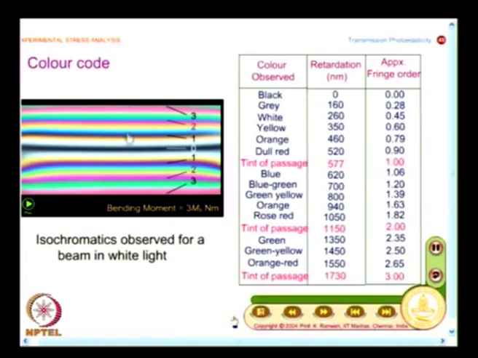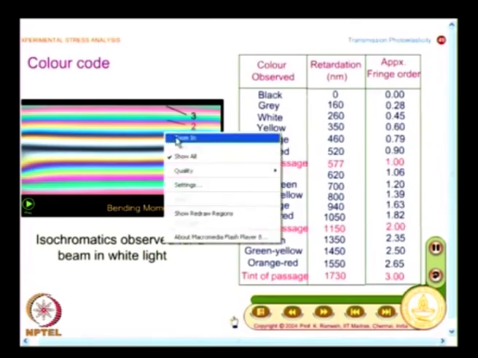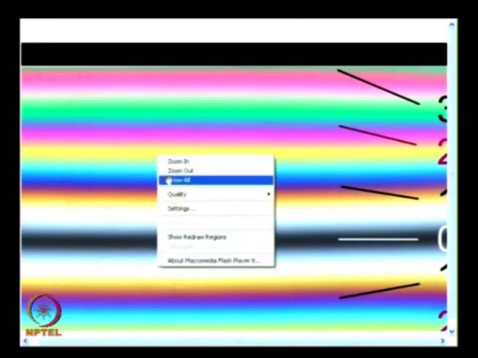You can tune your eyes to get this, and you can have a picture of how these fringes look. So, you have the variation here, and this gives an indication of how to find the gradient direction. In conventional photoelasticity, color was primarily used to find the gradient more than for quantitative estimation.